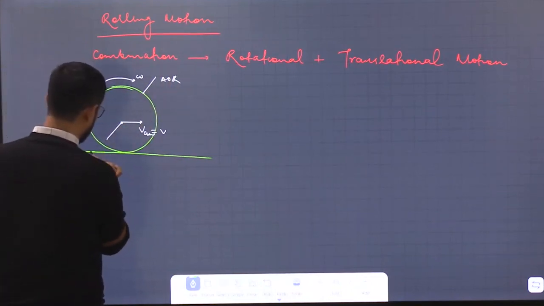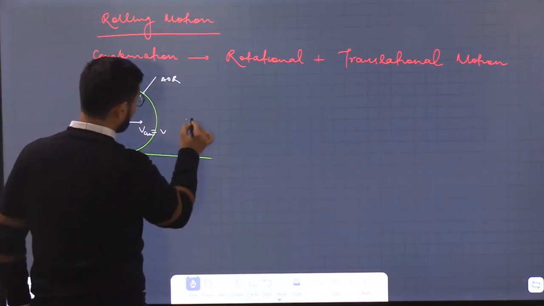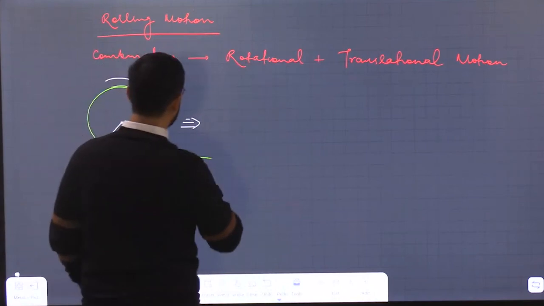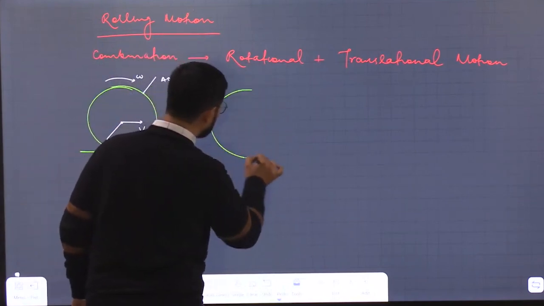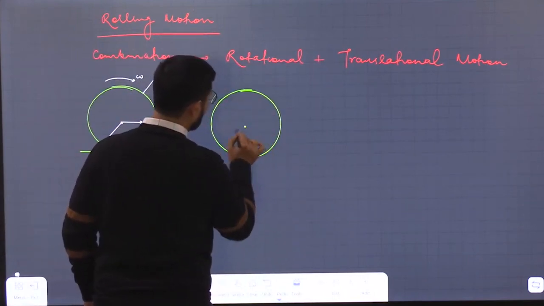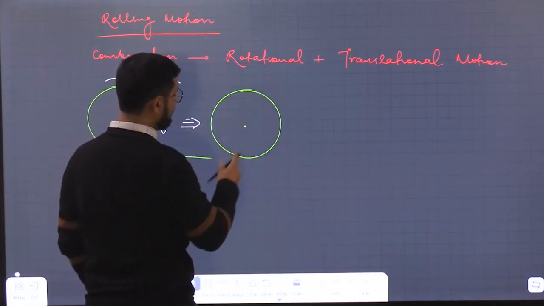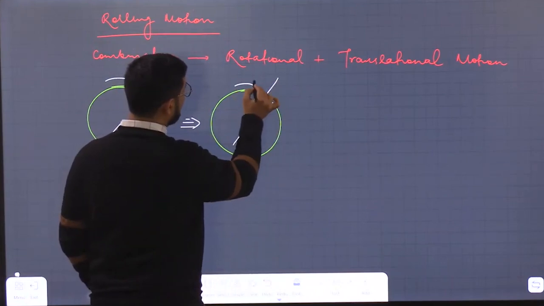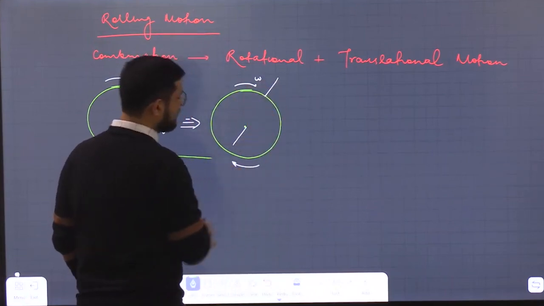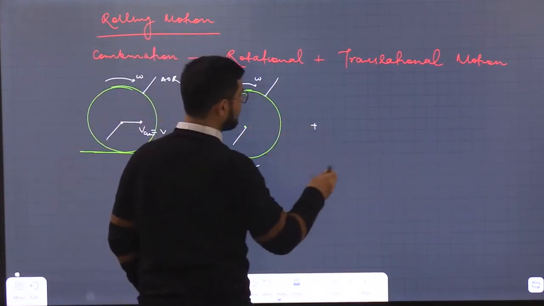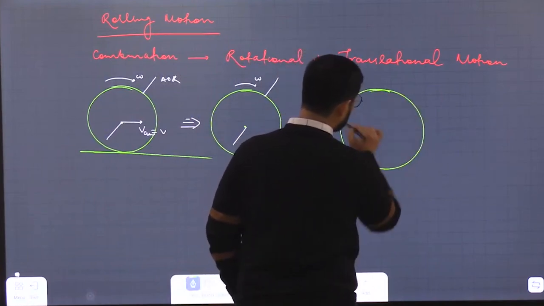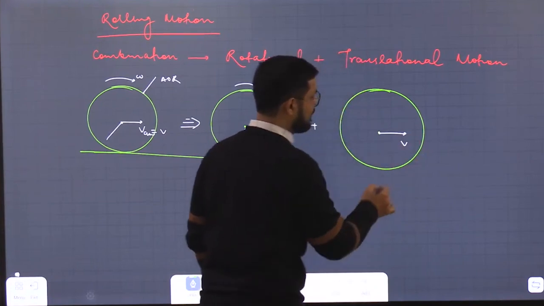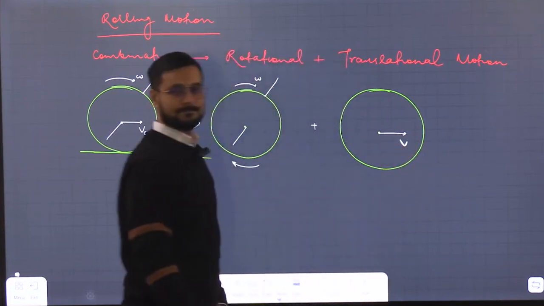Now, if I split this motion into rotational and translational motion, this wheel can be considered to be a combination of pure rotational motion about this axis, plus the translational motion of the same wheel in which the center of mass is translating with a certain velocity v.